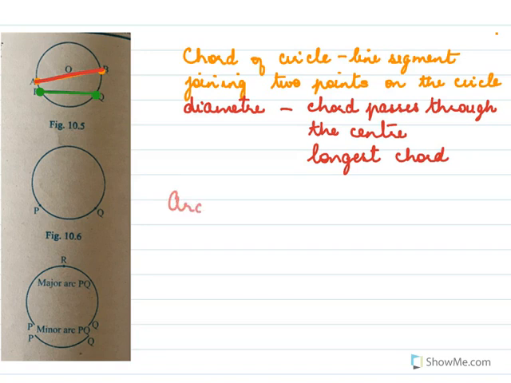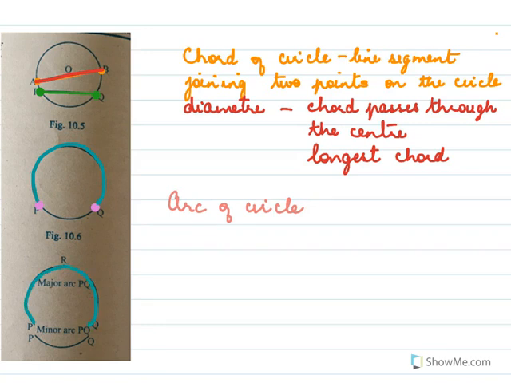Next we go into the arc of a circle. To draw the arc of the circle, again we take 2 points P and Q on the circle, and then the circle gets divided into 2 parts. There's one here on the top like this, PQ, which we have drawn here, and is called the major arc.